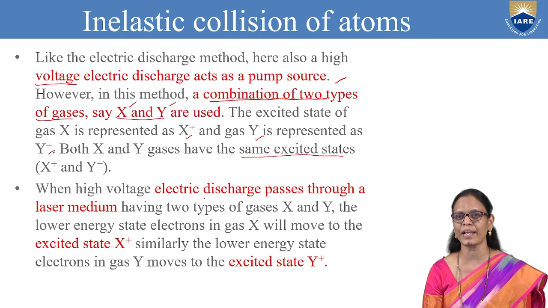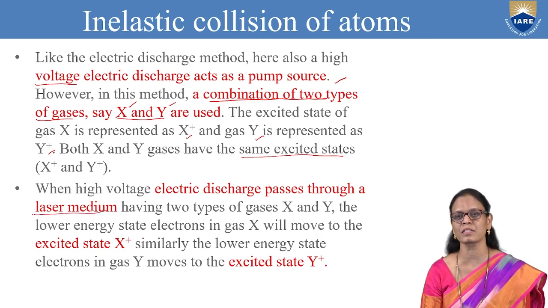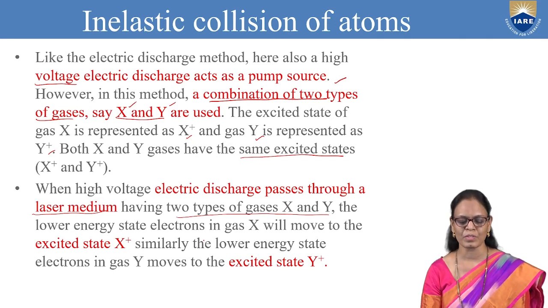Now, when high voltage electric discharge passes through the laser medium, we are sending the electric discharge through the active medium, which has these two types of gases, X and Y. So what happens when the electric discharge passes? The lower level energy electrons in gas X will move to the excited state X plus. Similarly, the electrons in gas Y will move to the excited state Y plus.